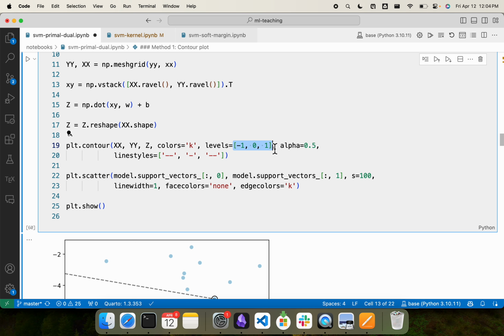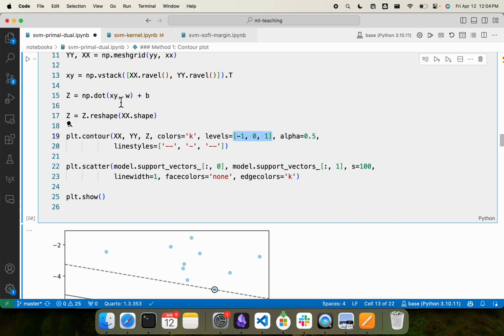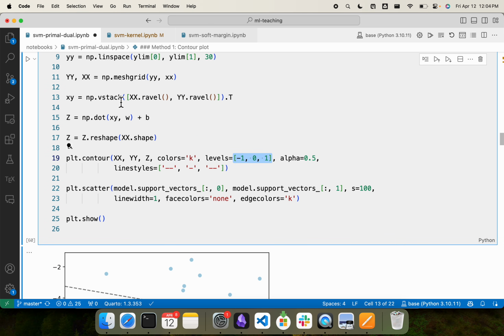The level where z equal to -1, z equal to 0 and z equal to 1 by different line styles, and then I'm able to get something like this. So what we did here was, we used a w vector which has been obtained by us via some fashion. You could either obtain w as model.coefficient, or you could use w equal to summation alpha i yi xi, and you get the same answers.